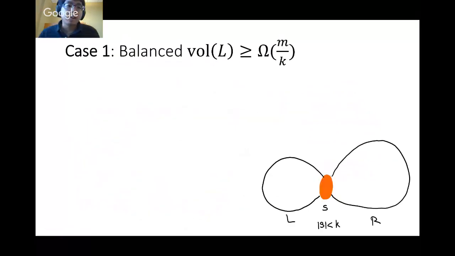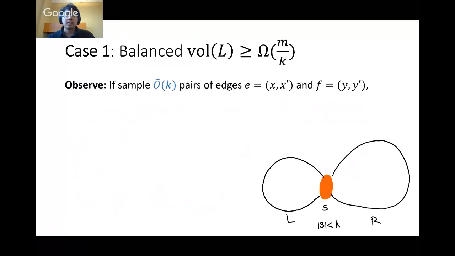And there are two cases. First, let's see the easy case. That is, the cut here, L and R, are quite balanced in the sense that the volume of L is quite large, at least M over K. So here, just a simple observation.